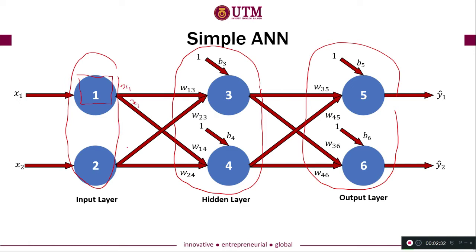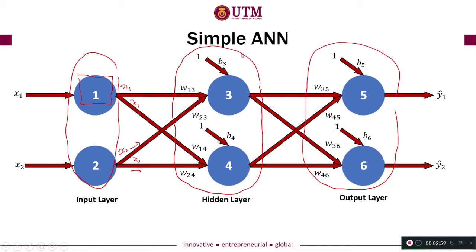This arrow carries the signal of X2, and the signal X2 also goes in that direction and that direction. So there's no neuron in this one. There's a purpose I draw it as a circle, same as this one, because later you will see that I need to use the square for another purpose.